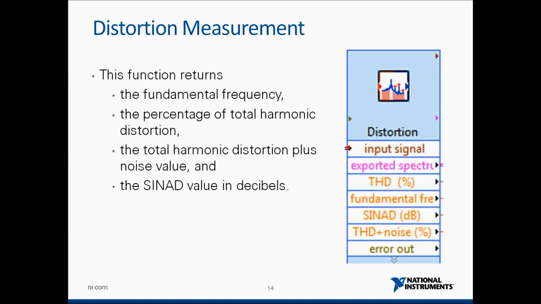One of those parameters is definitely the fundamental frequency that you can find out. Apart from that, it calculates THD, which stands for total harmonic distortion, in percentage. Let's say the power of the harmonics is P harmonic, and the total power is P total. It's telling you the ratio of P harmonic by P total. And there is also one very important term which is SINAD.